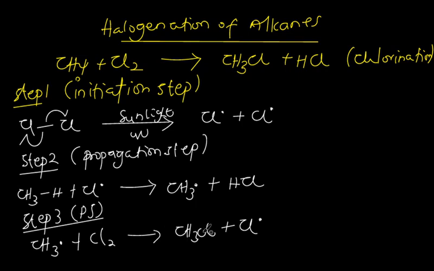Up to over here, this is where we get our product, the alkyl chloride, or the haloalkane. So in the second step we get the byproduct, which is the HCl, and in the third step we get the main product that we are after, haloalkane.